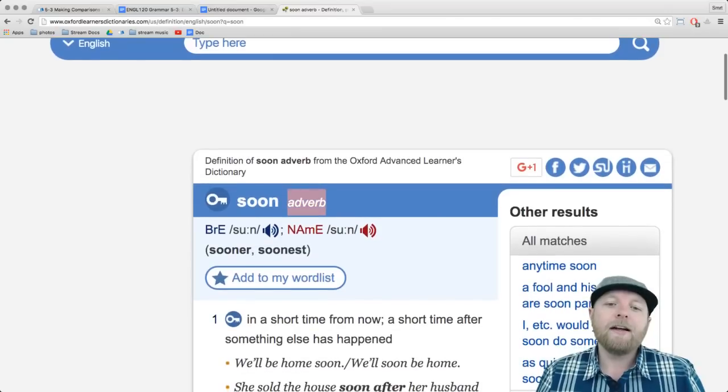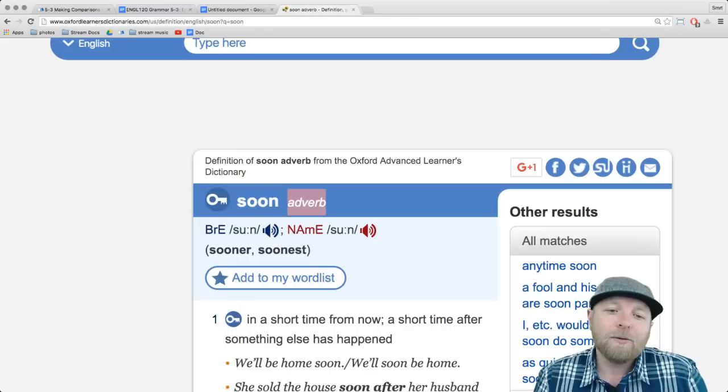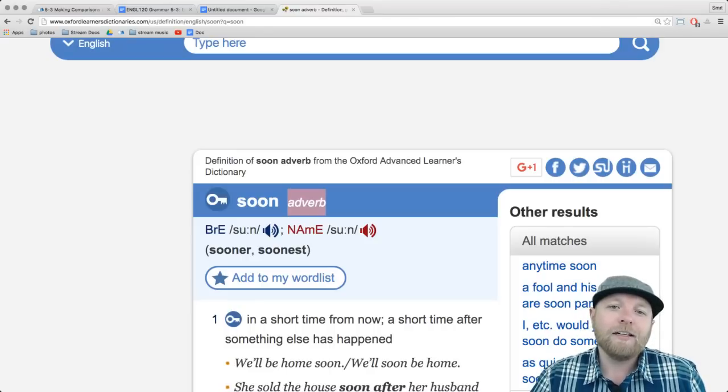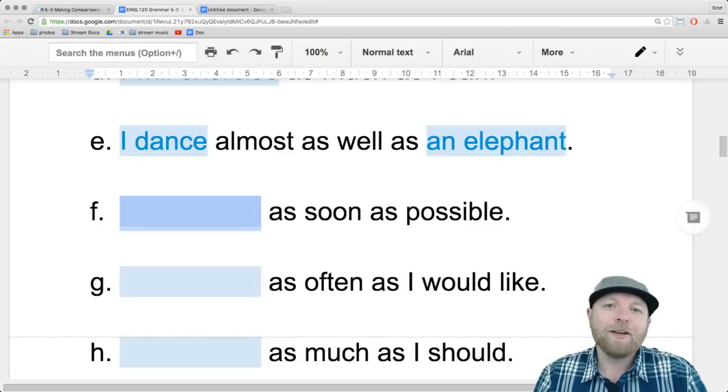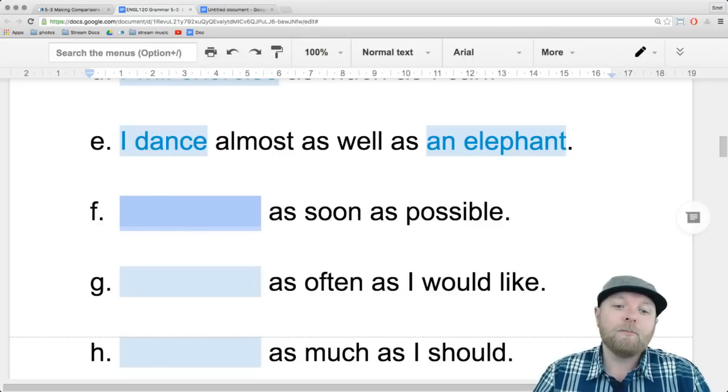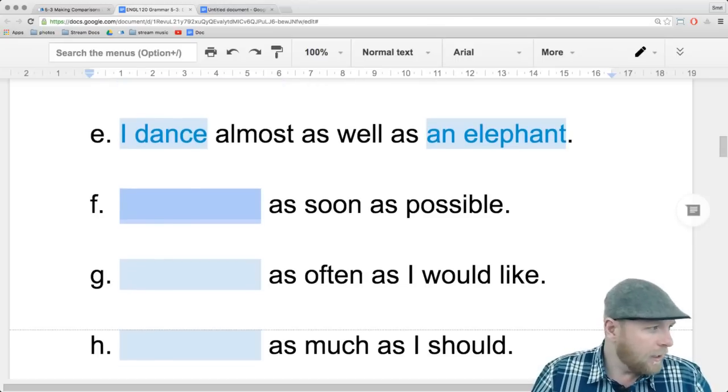Because it's an adverb, right? So we don't say "soonly," we just say "soon." So don't use a linking verb here, all right? Linking verbs, remember, you need adjectives. So the answer F: I will do my homework.